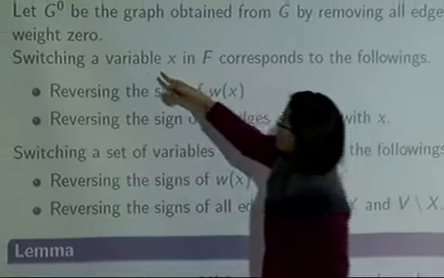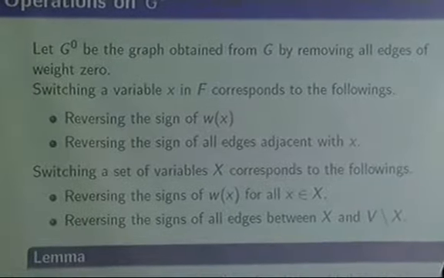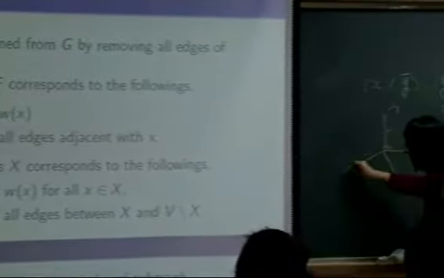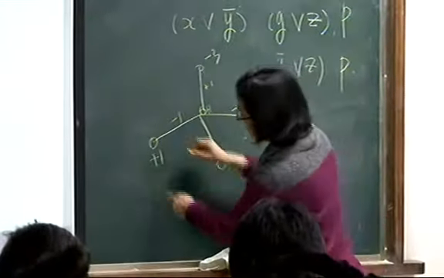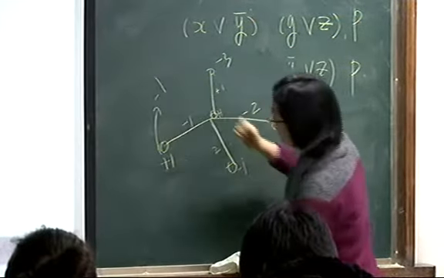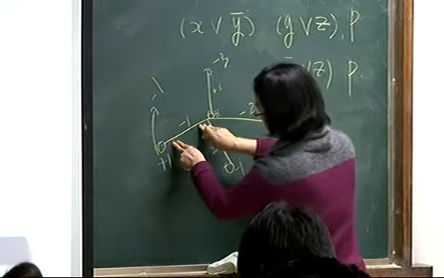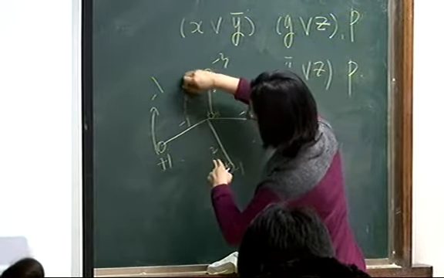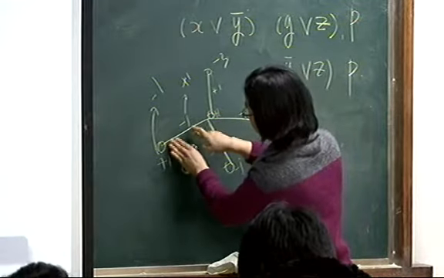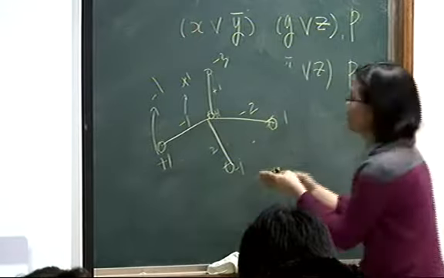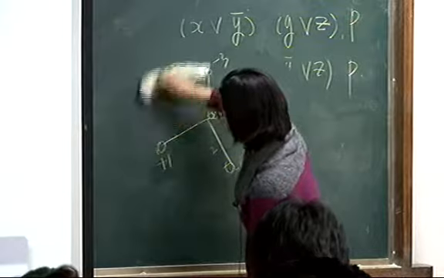If you switch a variable, or switch a vertex in the corresponding graph, then the weight of this vertex becomes -1, and all the incident edges become +1. So the sign of all the incident edges becomes reversed.